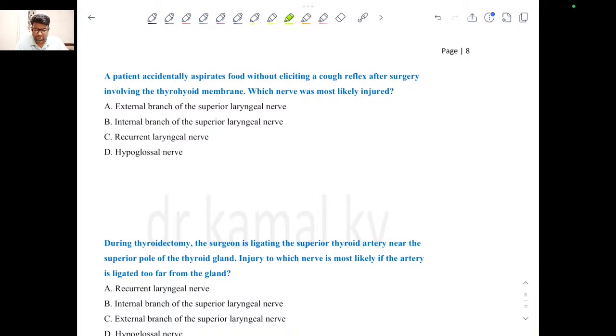Now this is a neat PG question. A patient accidentally aspirates food without eliciting a cough reflex after surgery involving thyroid membrane. So which nerve is most likely involved or injured? So, thyroid membrane area.